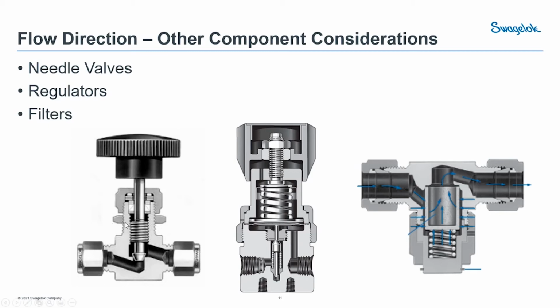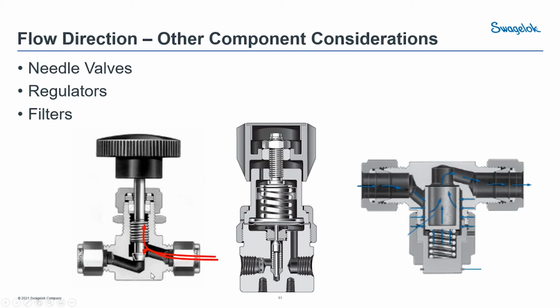These are all directional components we've talked about in other webinars. But first off, needle valves. Because of the shape and geometry of the seat, we really want to make sure we flow from inlet to outlet on the needle valve so we get good control over our flow. If you go backwards, the challenge is that you're not getting the same geometry over your control, and you won't get really good fine control.